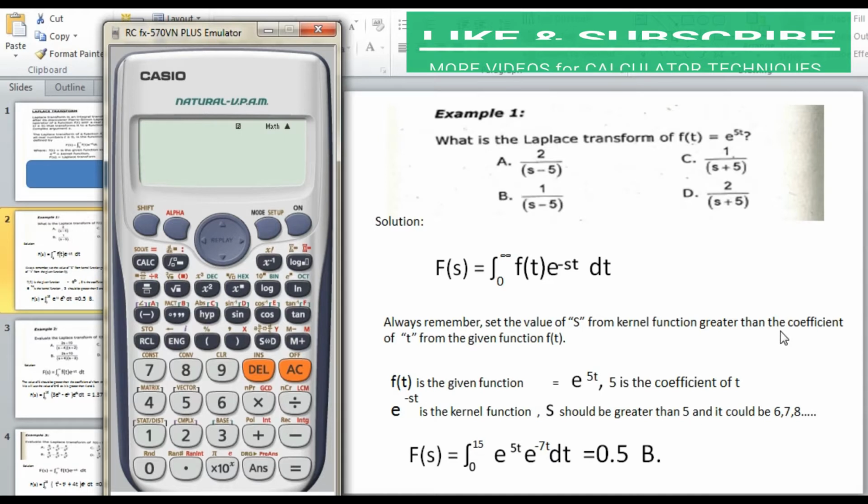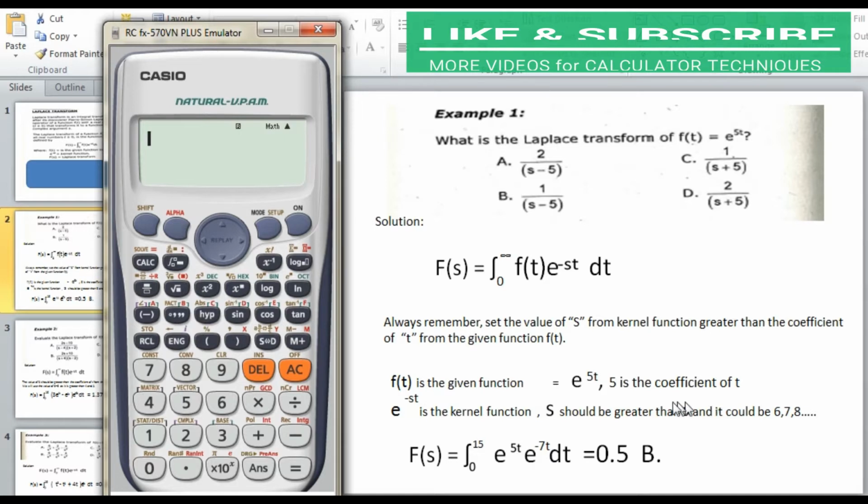This f of t is our given function, so the coefficient of t is the value of 5. Our s will always be greater than the coefficient of t. So we can use 5, or we can use 6, 7 and so on, which is greater than 5. So we will let our s equal to 7.